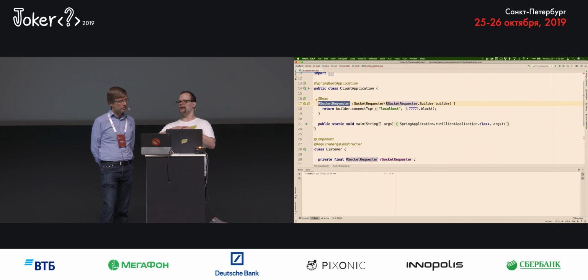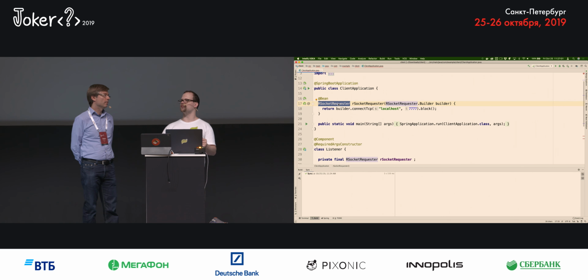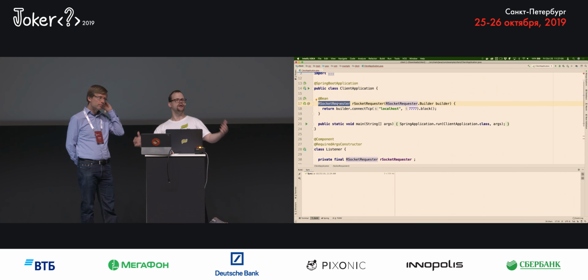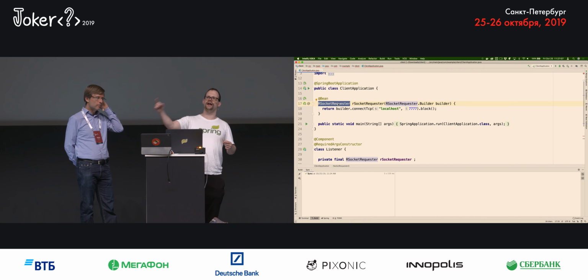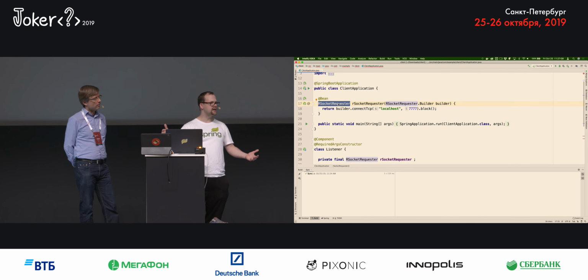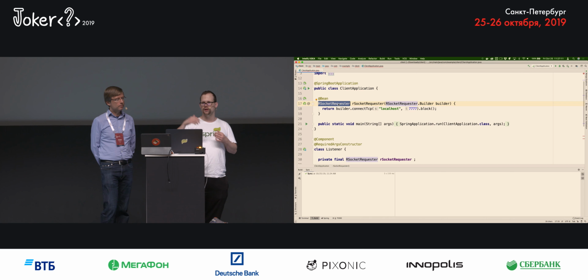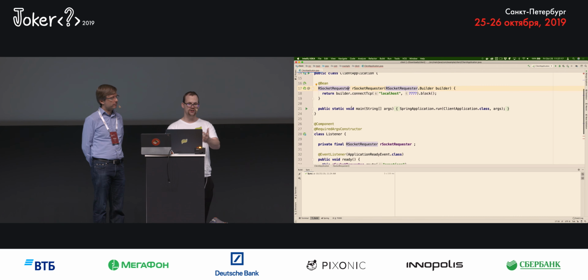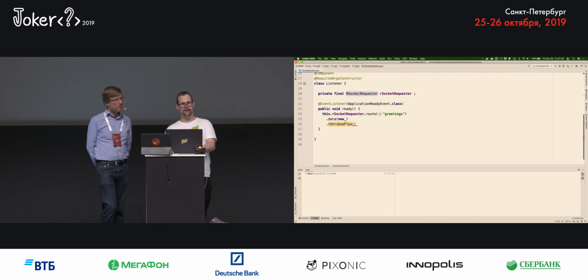RSocket gives you stateful multiplex connections, so you can connect and stay connected. One of the reasons that HTTP is so inefficient is because you have to constantly connect and disconnect. This time, you stay connected, so you're always live or always ready to go. You can do reconnect logic if you want, but the point is this is a pretty sane pattern. It creates an RSocket requester, and then you can use that.